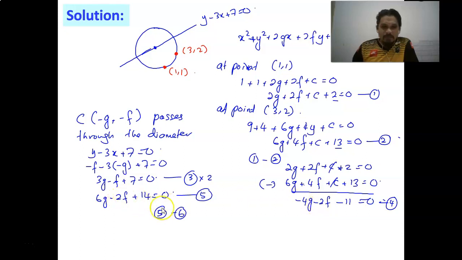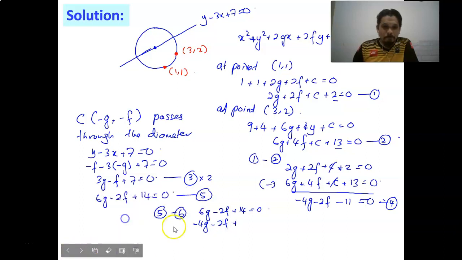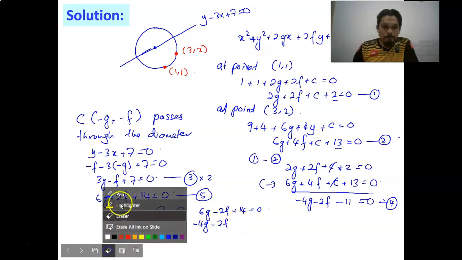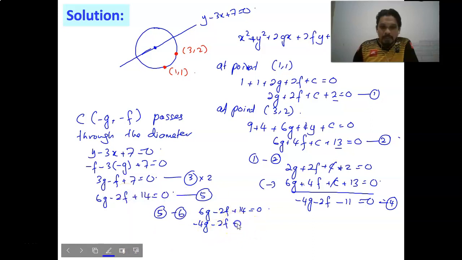Negative 2f plus 2f, that's it. So 6g minus 2f plus 14 equal to 0. Negative 4g minus 2f minus 11 equal to 0.